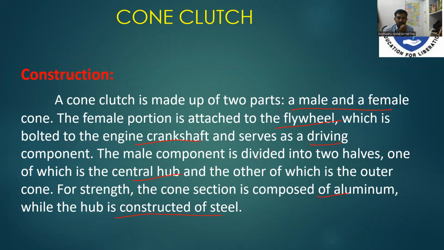The male is divided into a cone section of aluminum and a hub of steel. We already know aluminum is a high strength metal. For this reason the cone section is made up of aluminum and the hub is made up of steel.